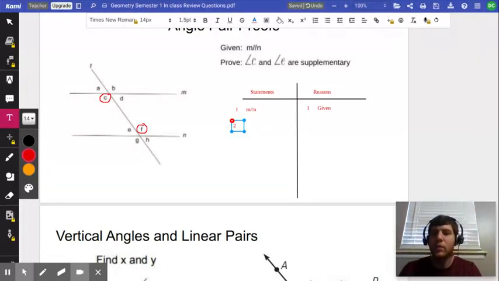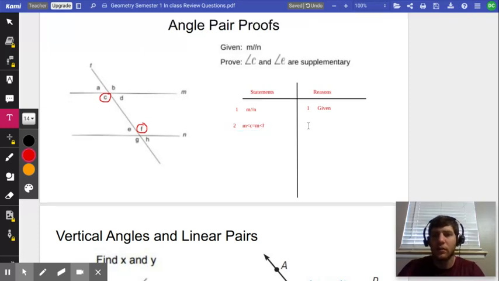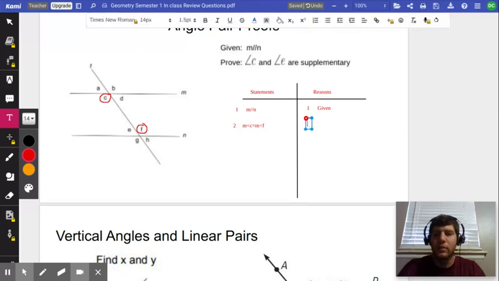But what they're going to do on the test is they're going to skip a step. So they're going to say the measure of angle C equals the measure of angle F, and they're going to say that because of the alternate interior angle theorem. Again, I don't like the inconsistency, but I think that makes sense, right? Really, you should say angle C is congruent to angle F, and then by the definition of congruent, the measure of angle C equals the measure of angle F. But that's fine.